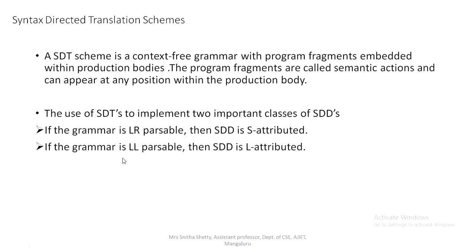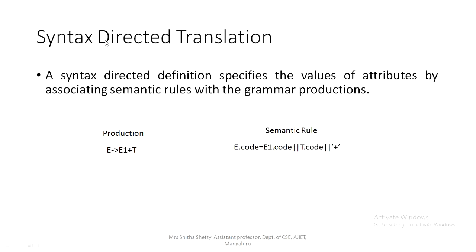LL we call a top down parser, LL1. So if the grammar is LL, then the SDD is L attribute. If the grammar is LR0, just recall from the previous module, the fourth module, that is bottom up, then the SDT is S attribute.